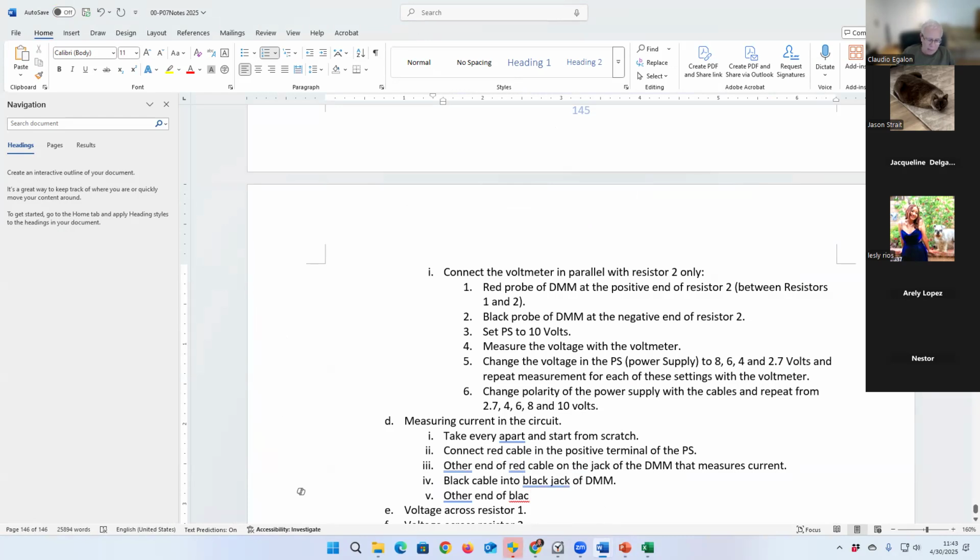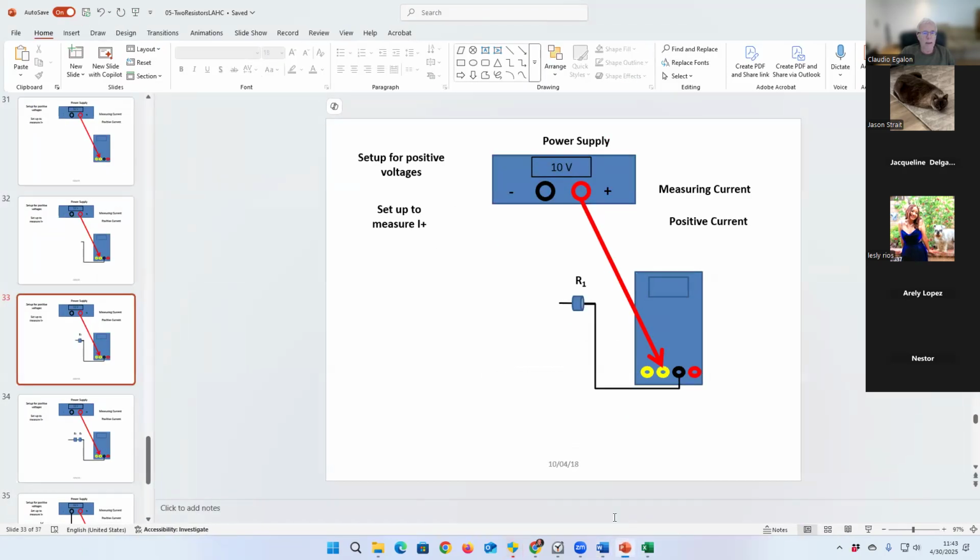Other end of black cable into positive lead of resistor 1, using the alligator clip. You're going to need the alligator clip to do that. Alligator clip goes right in here at this end.